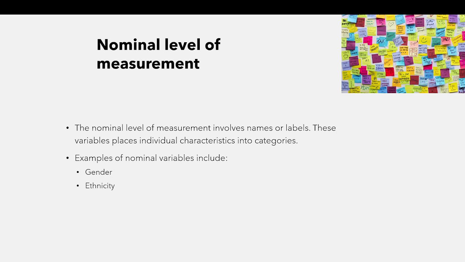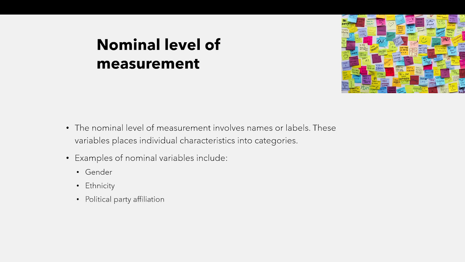When we ask people about their ethnic identity or their ethnicity, we are collecting information that is based in categories. So people might say they are Kenyan. People might say they are Moroccan. People might say they are Maori, right? These are different ethnic identities.